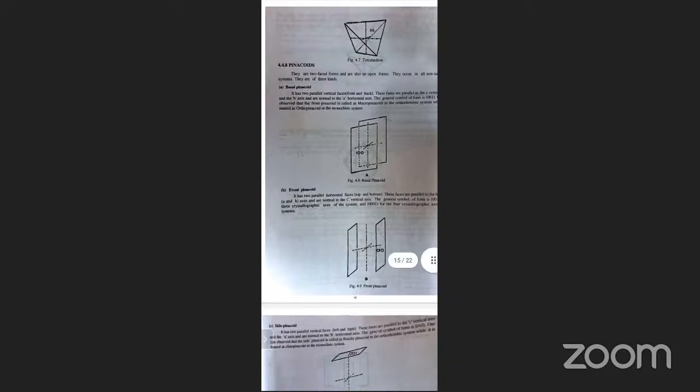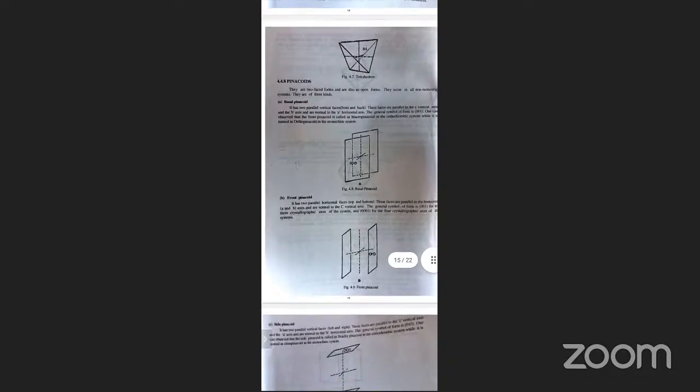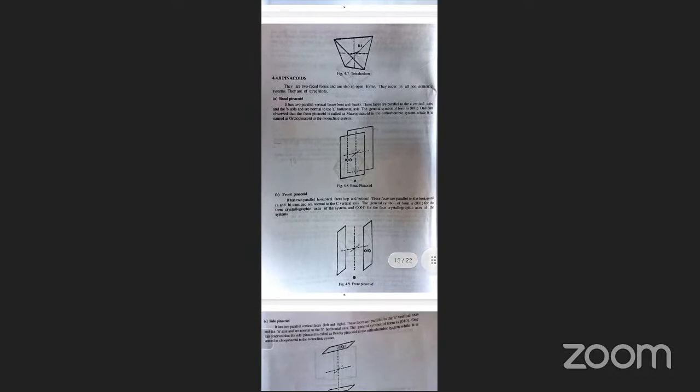These faces are normal to the vertical axis and parallel to the horizontal A and B axes. The symbol of the form is 0, 0, 1. Because the first 2 axes are not intersected, and the third one is intersecting through the center point, it is shown as 0, 0, 1.